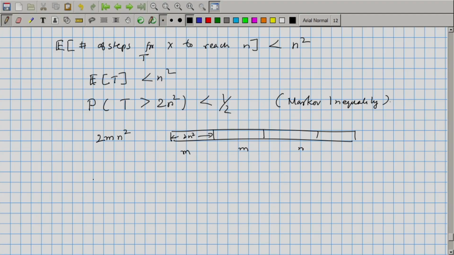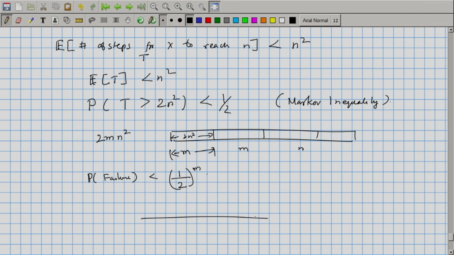So, the overall probability of failure is when all these m stages fail to find a satisfying assignment. That happens with probability less than 1 by 2 raised to m. Okay, that is an exponentially small probability.